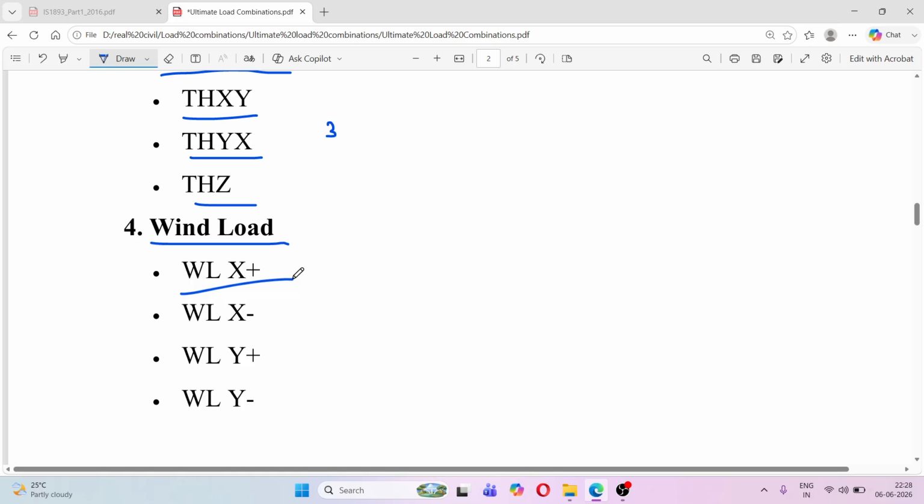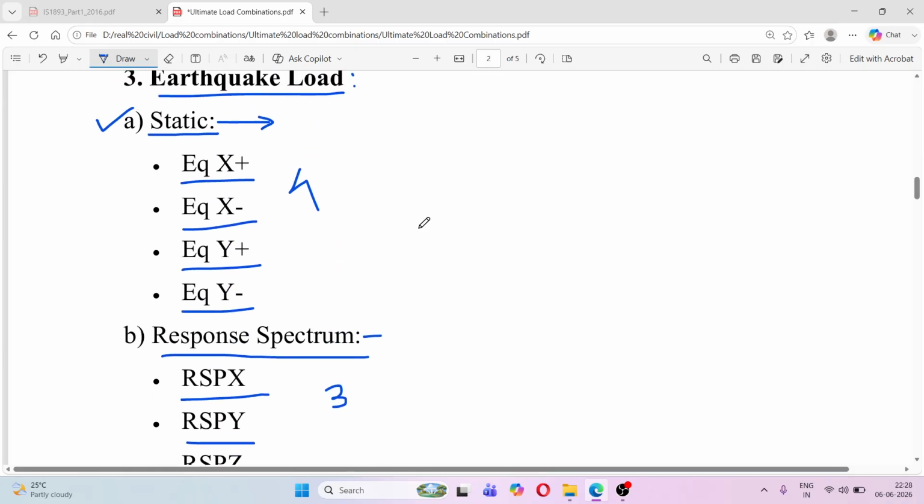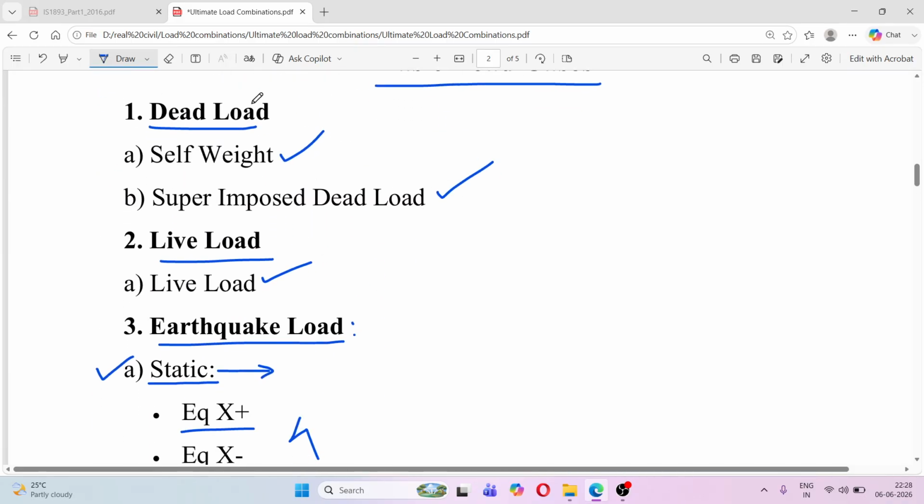And in wind load, X positive, X negative, Y positive, Y negative, so there are four cases. Let's assume that we have performed static wind load cases. There are dynamic also, but if there is dynamic, you can include those dynamic wind load cases also. So these are our basic load cases, and these are our sub cases.